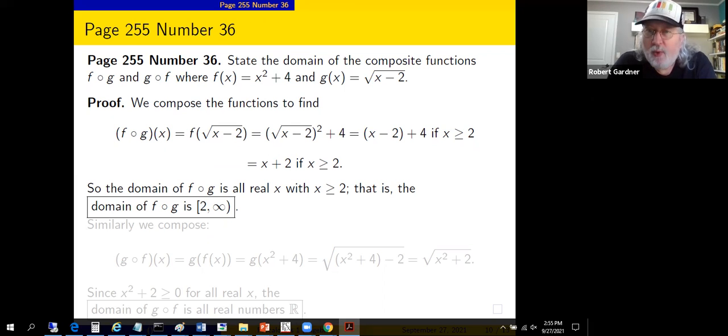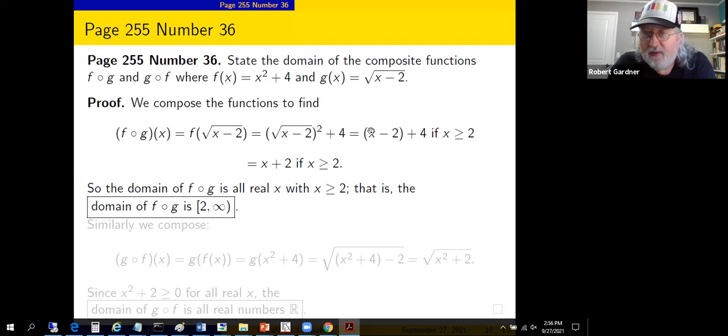But remember, from here we can't take square roots of negatives, so this comes with a constraint that x is greater than or equal to 2. The square root disappeared, but that information is still only valid when x is greater than or equal to 2. This alone, x minus 2 plus 4, doesn't equal this when x is 0, for example.